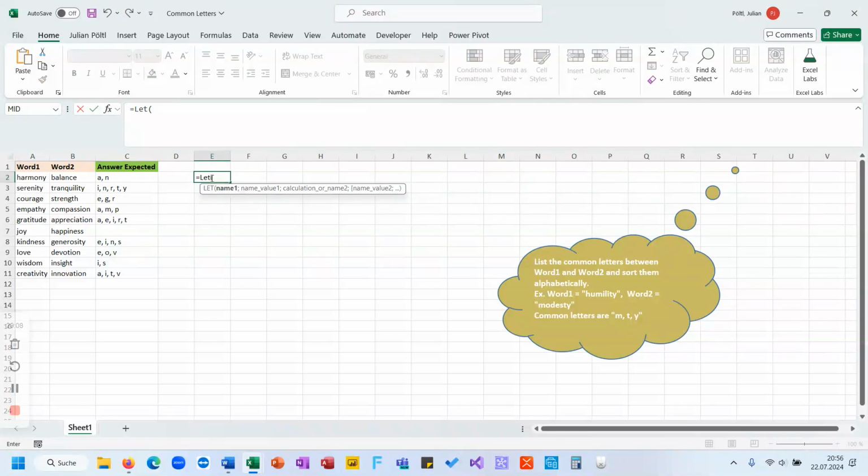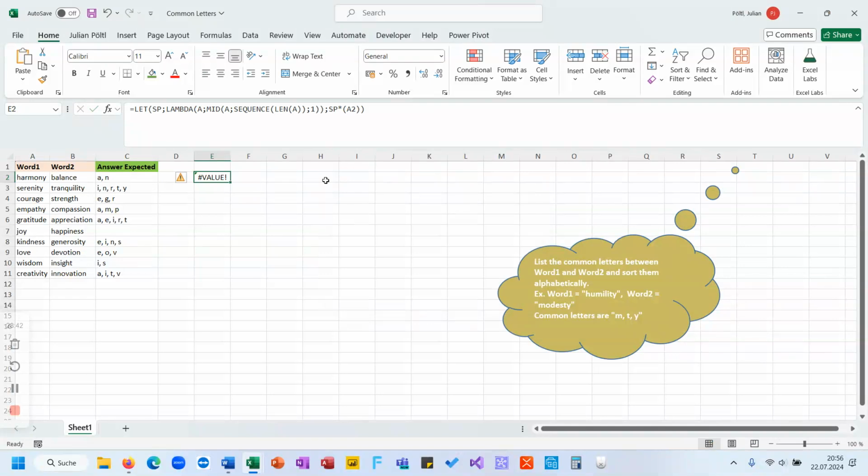Okay, I'll first do an internal lambda that I can call to split words, because I need to split words two times. Image from A, sequence from len of A. And now with this internal LET lambda, I can split words into characters.